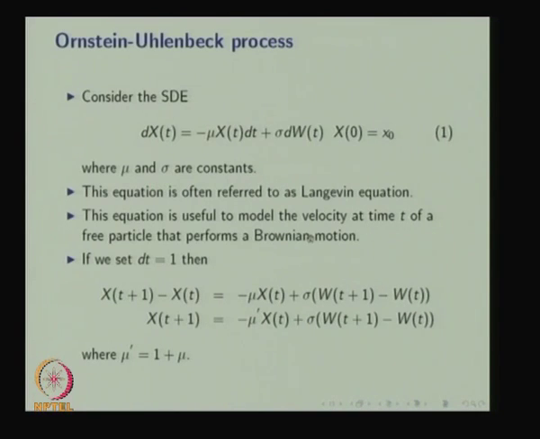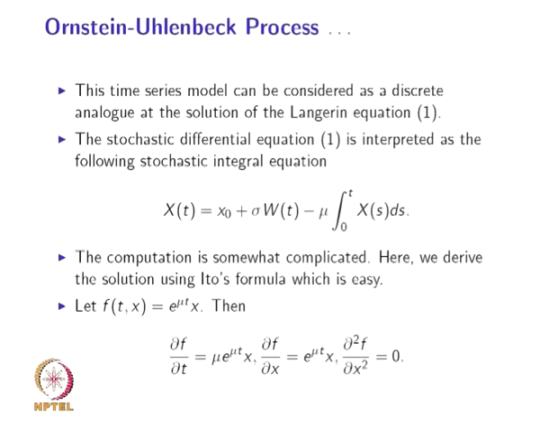If you discretize with dt equal to 1, then the increment is X(t plus 1) minus X(t), that is dt equal to 1. Therefore, this increment is W(t plus 1) minus W(t). If you label mu dash equal to 1 plus mu, then you can transform the equation into the discretized version.